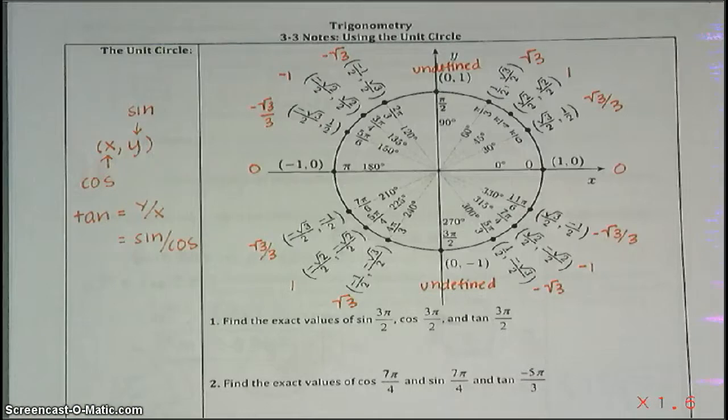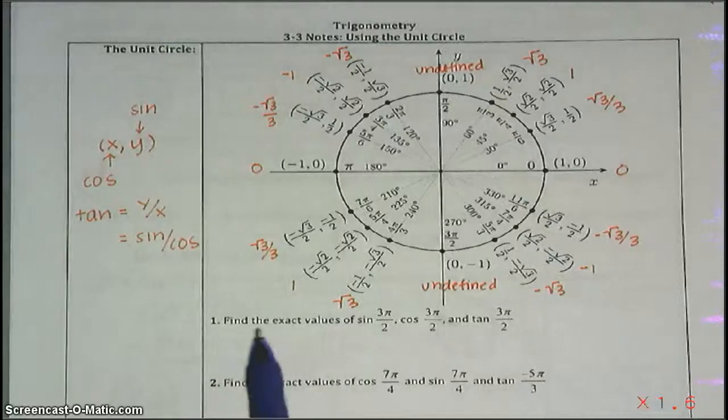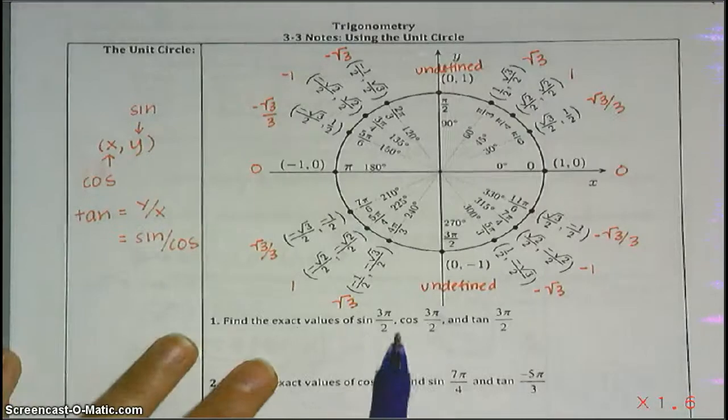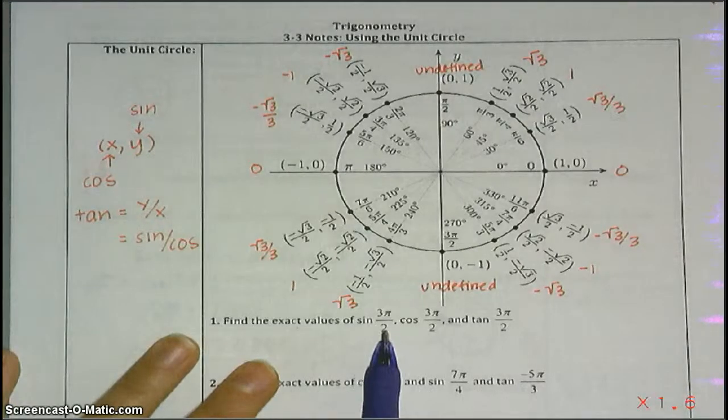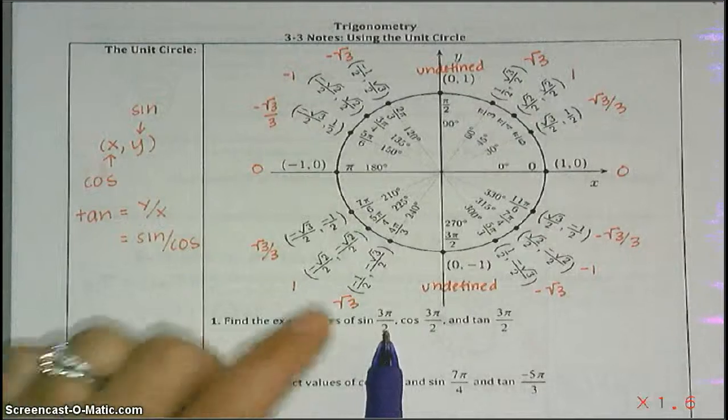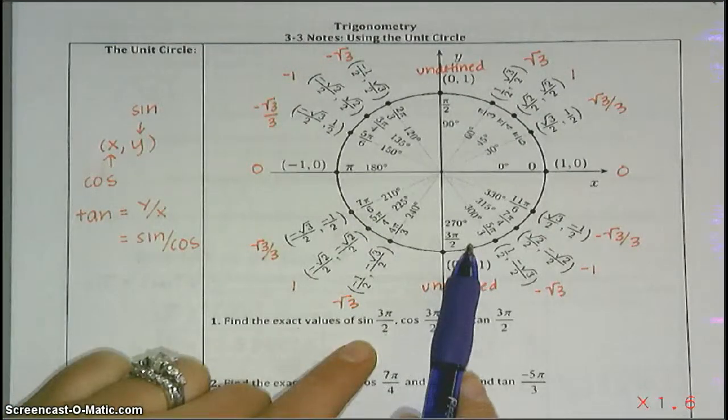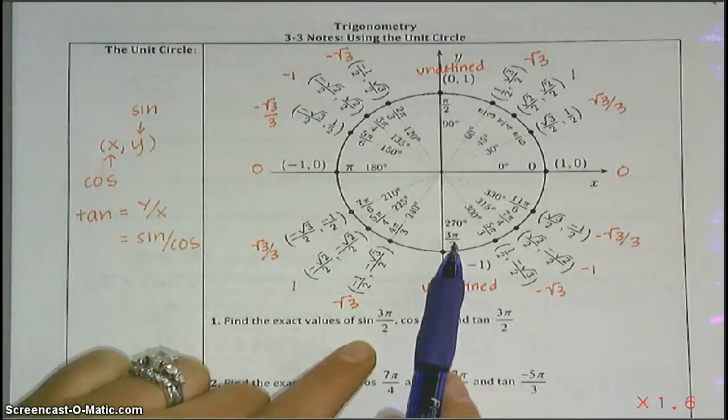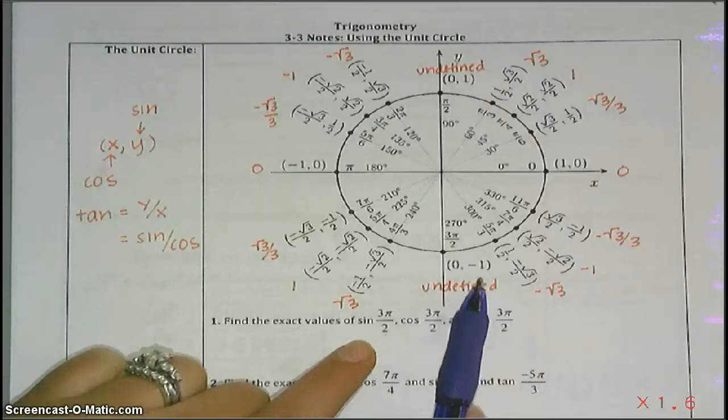All right, now on to reading or using your unit circle to find answers. If you look at the first example, it says find the exact values of sine, cosine, and tangent of 3π/2. All you do to finish a question like this is to locate the angle that they're asking about. In our case, it's 3π/2, which is right down here. There it is. And sine at 3π/2 is the y value.